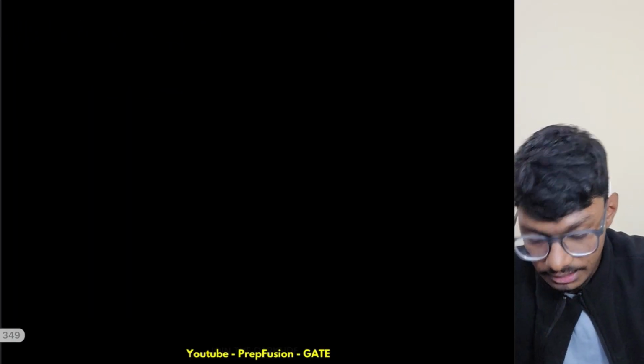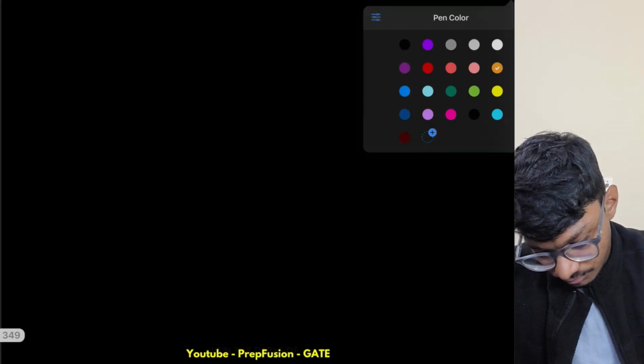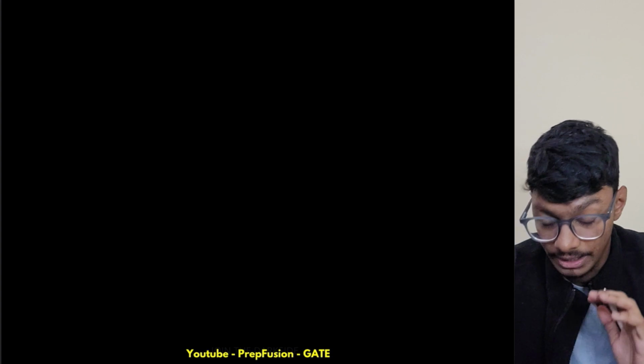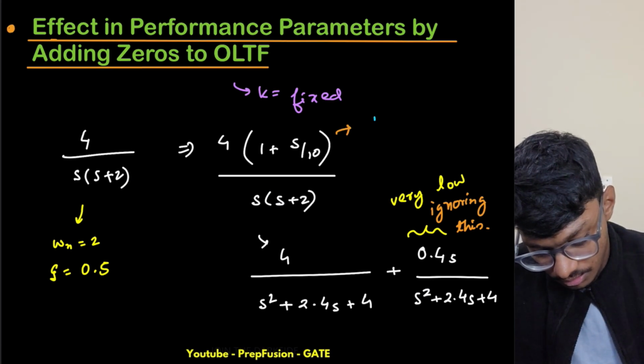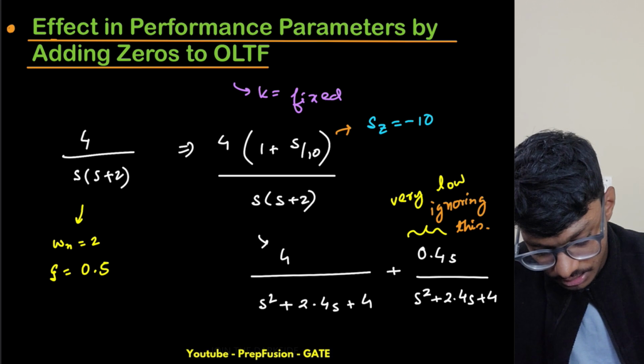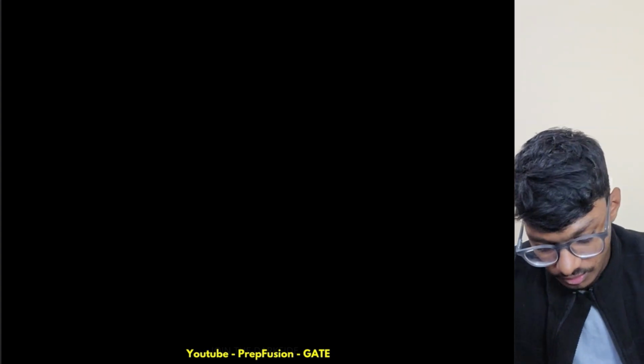Now let's add another 0, one which is much nearer to the origin compared to this. Now I add a 0 here, s equals to minus 10. Okay, I added a 0, s equals to minus 10. Let's add a 0 much nearer to the origin. So what does it become?